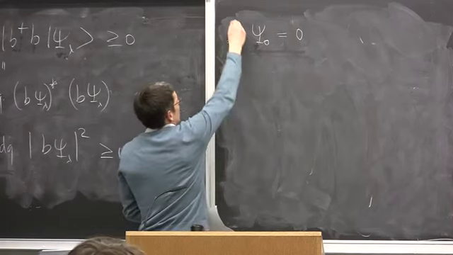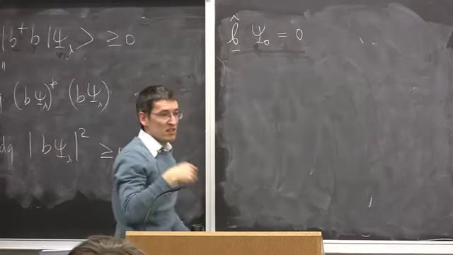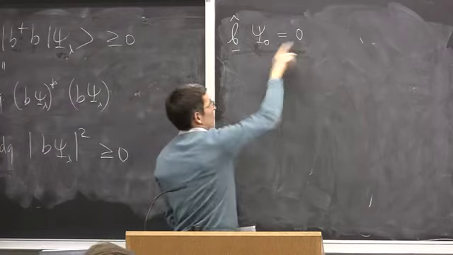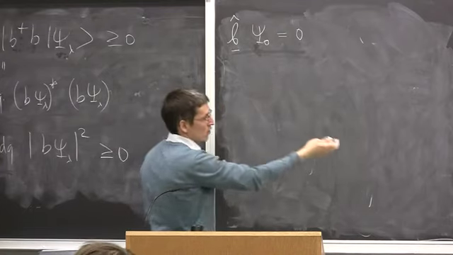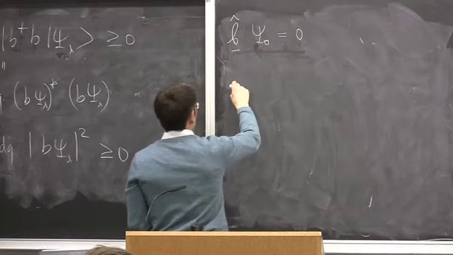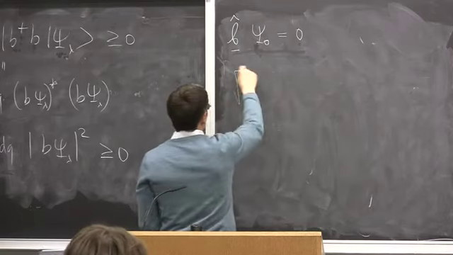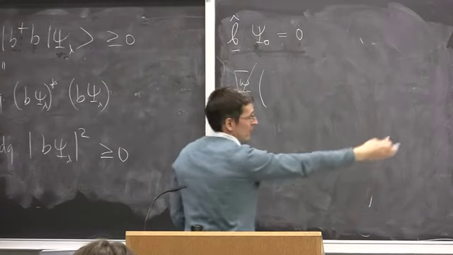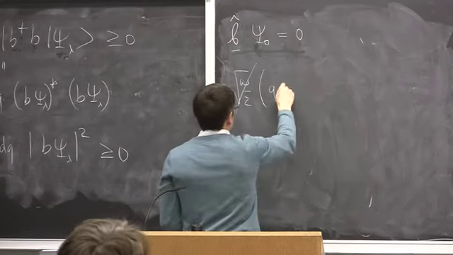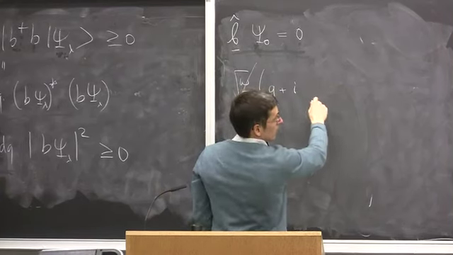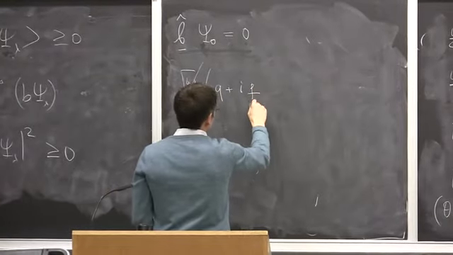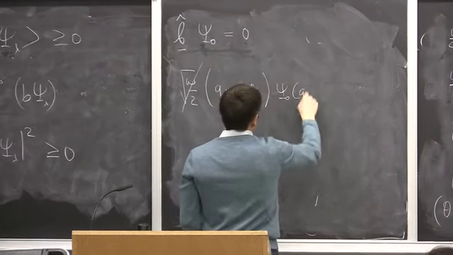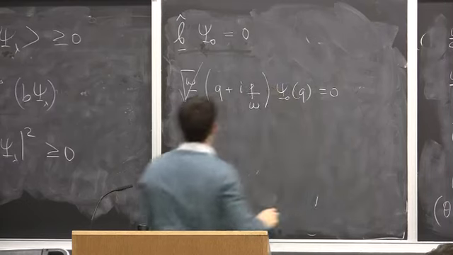B is an operator. Psi 0 is an unknown function, which is the easiest to find. And we know the right-hand side is 0, so we just write down the equation. B is the square root of omega... It doesn't matter really because we have a right-hand side 0, so we can easily remove that. Q plus IP divided by omega, acting on psi 0 function of Q, gives you 0.